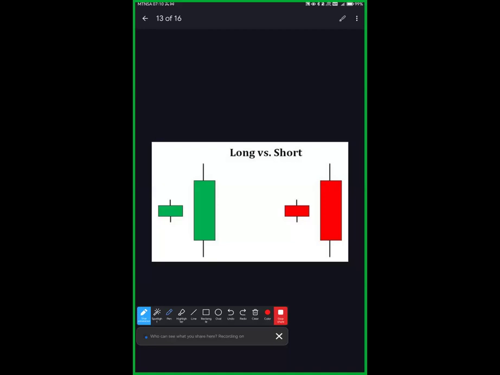Just like human beings, some of us have big bodies, some slim bodies, some are tall, some are short. But we are all human beings. So in the market also, some candles have long bodies and some candles have short bodies.